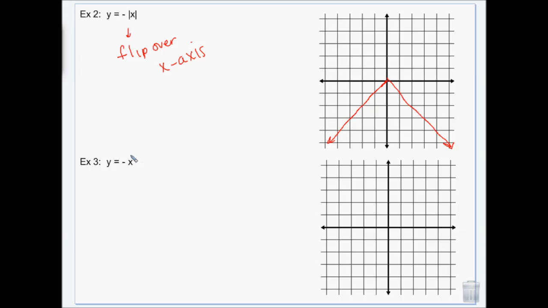And here it's negative x, so this is going to be flipping over the y-axis. So normally my parent for y equals x looks like this, right? That's my normal y equals x. This is the parent.